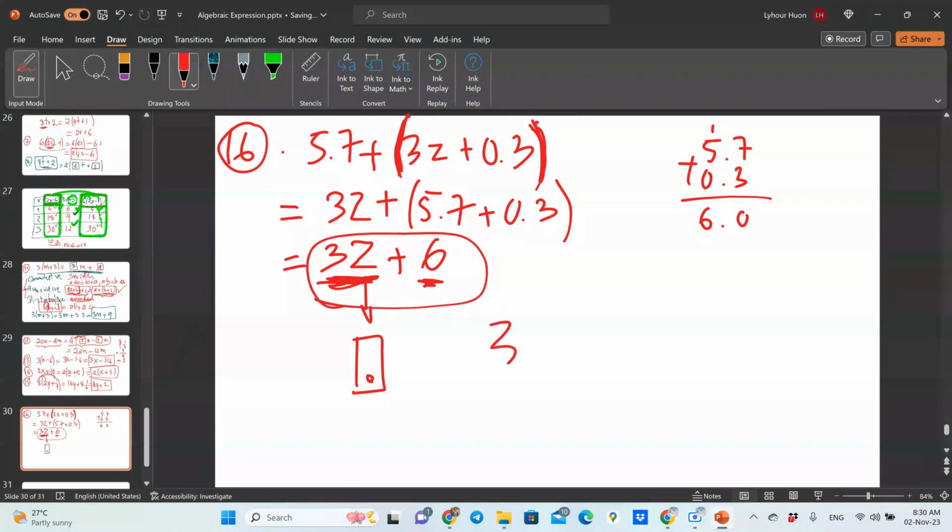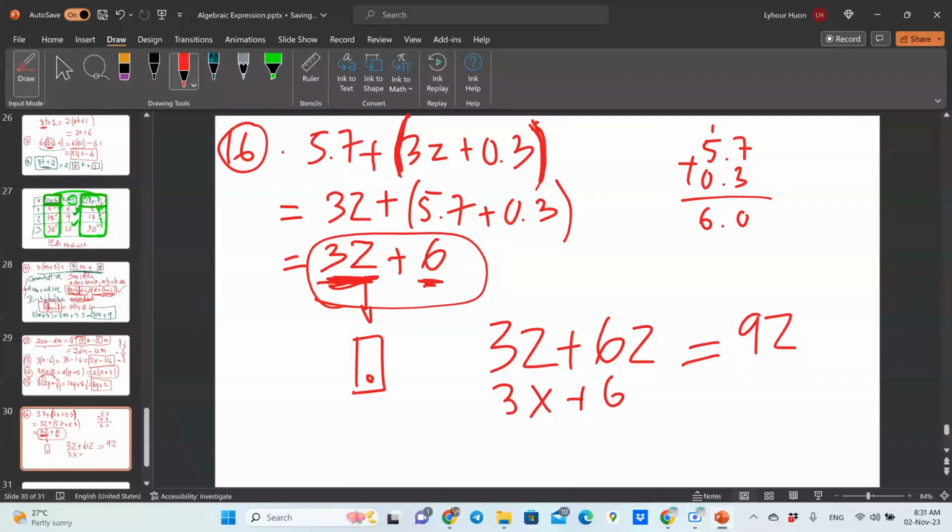Unless 3Z plus 6Z can be added together. Can we add them together? Yes, because they both have the same variable, and they're like terms. What if 3x plus 6Z?